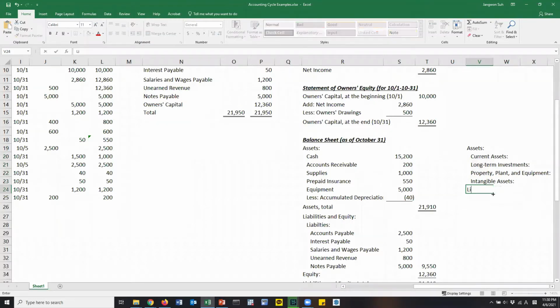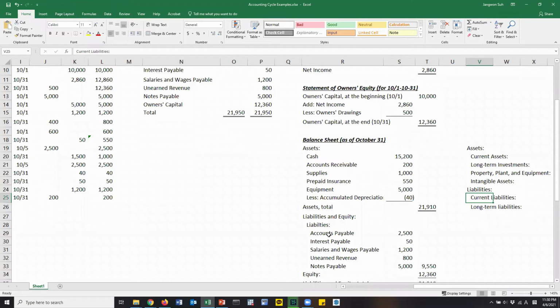When it comes to liabilities, you classify liabilities into current liabilities and long-term liabilities. If you are obliged to pay back within a year, then they are current liabilities.